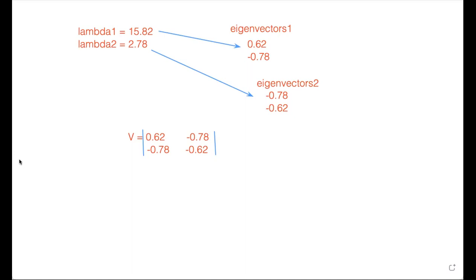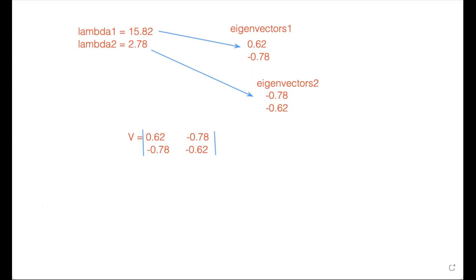Then if we want to find the eigenvectors and eigenvalues that correspond to the covariance matrix, we will get them by using the linalg.eig function. It will automatically calculate the eigenvalues and eigenvectors for this covariance matrix.